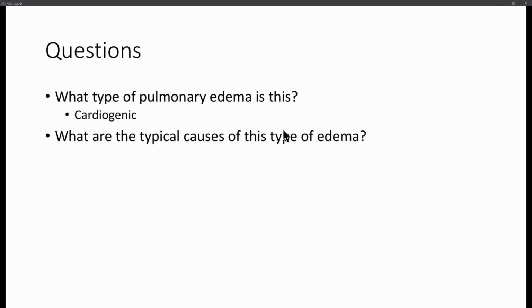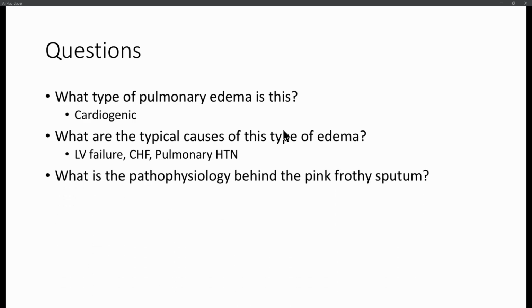Obviously the heart's not pumping very well. So we get buildup of blood, which increases what type of pressure? Your hydrostatic pressure, pushing fluid out into the lungs. So the LV failure, CHF, pulmonary hypertension will cause this type of edema.